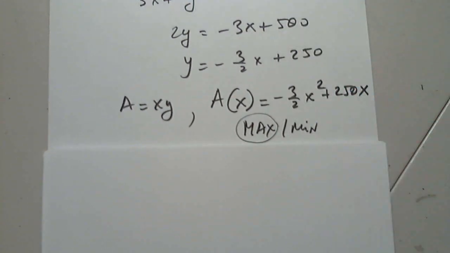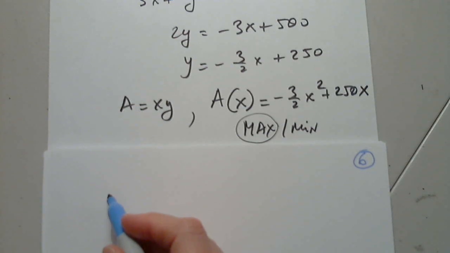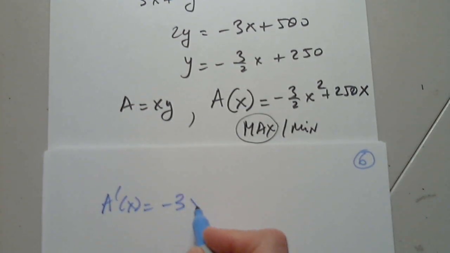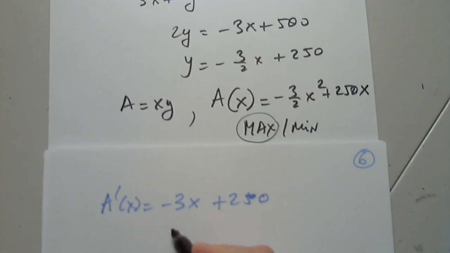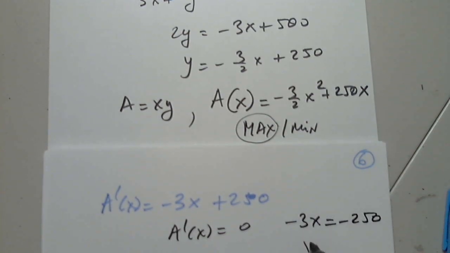What do I have to find in order to determine max min? A prime. A prime of x equals negative 3x plus 250. Undefined does not exist here, so maybe this is not very good. So A prime of x equals 0 will be negative 3x equals negative 250, or x equals 250 divided by 3.